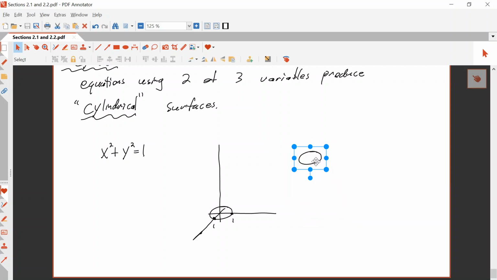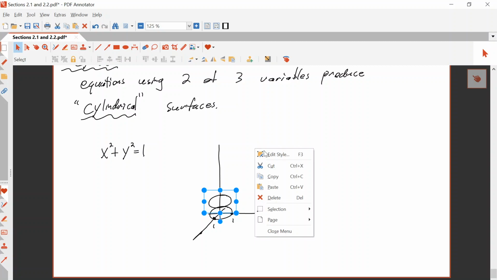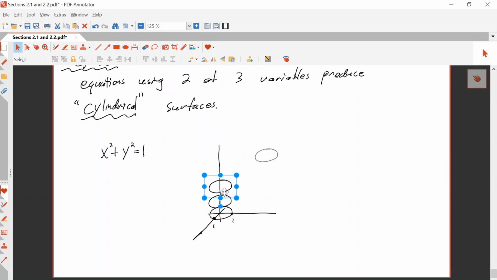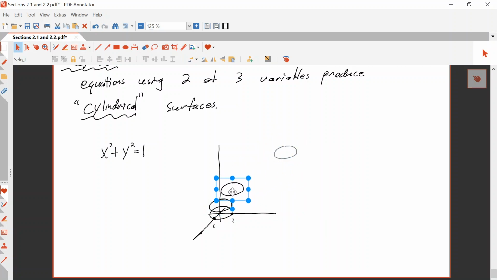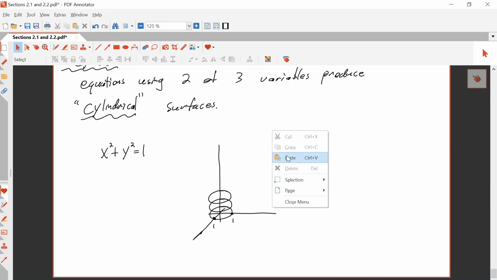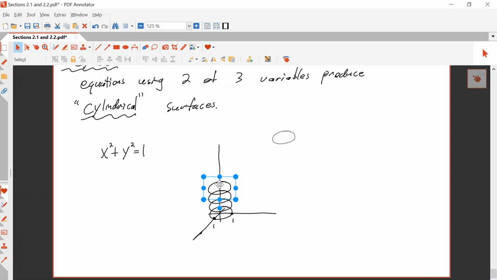So the z can be anything. x and y are what are constrained, but the z is unconstrained. Since the z is unconstrained, it can be anything. So the x and y form that circle, and then you extend that circle parallel to the z-axis.